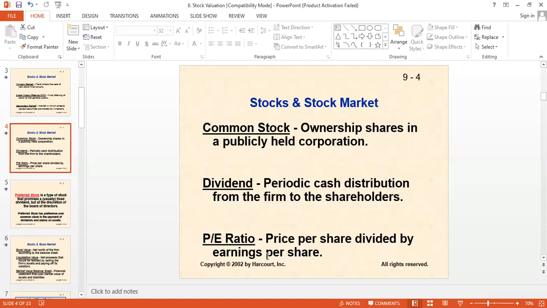So take the price per share and divide it by earnings per share. You get an answer, and that answer gives you the relationship between price and earnings. For instance, let me put it in front of you.